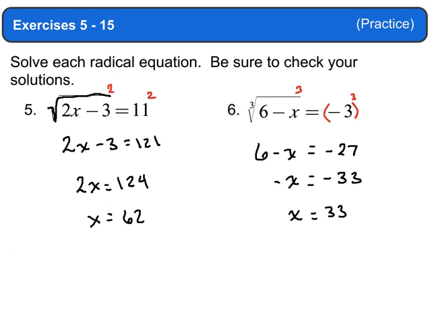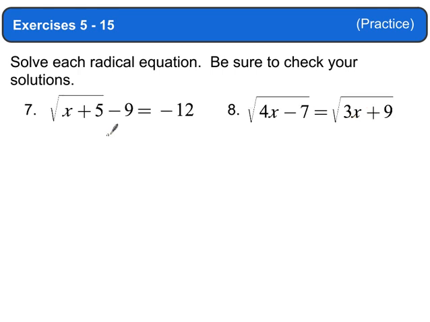So if we looked at our next example, you can see in this case, the radical is not isolated. So the first thing I would need to do is add 9 to this side right here to see that now the radical is isolated, and then the right hand side is equal to negative 3.